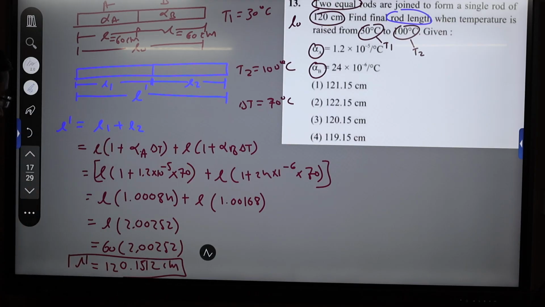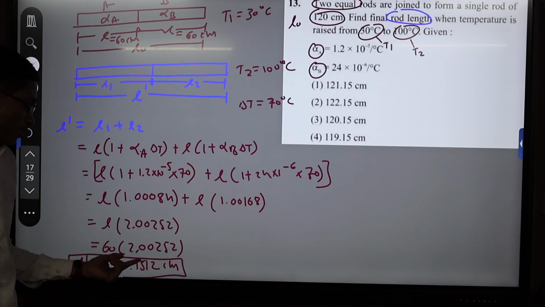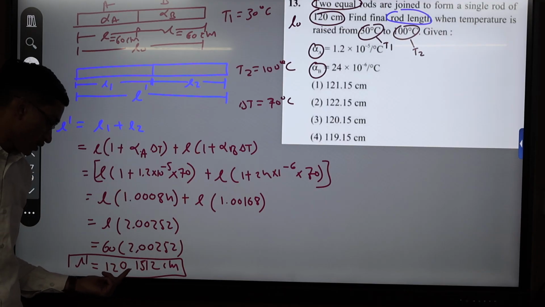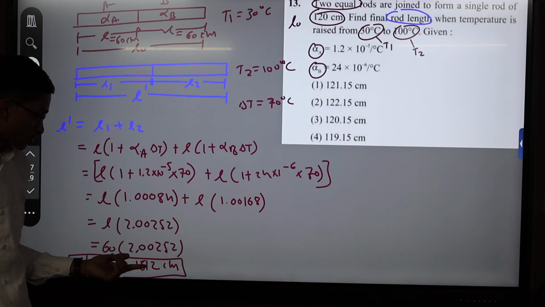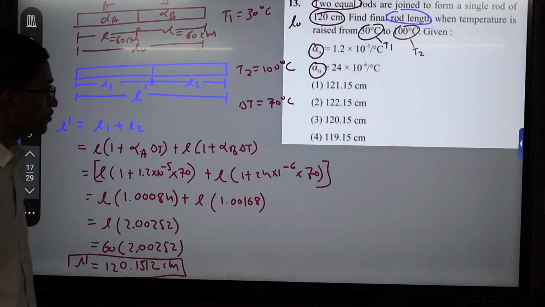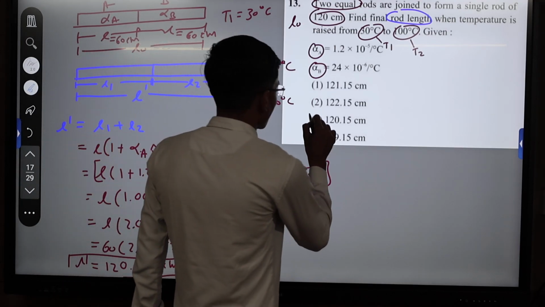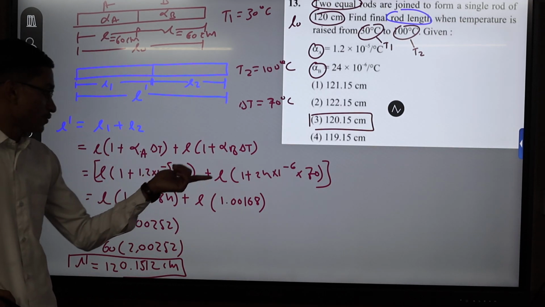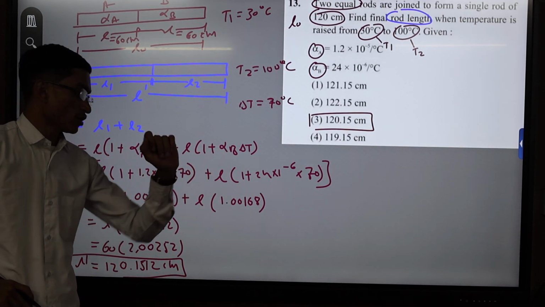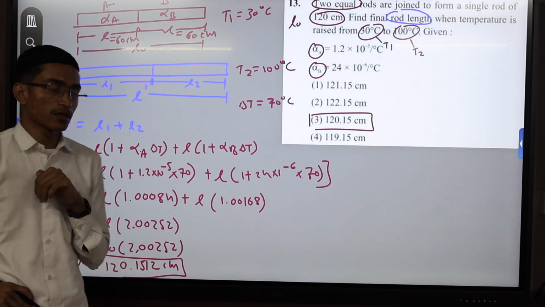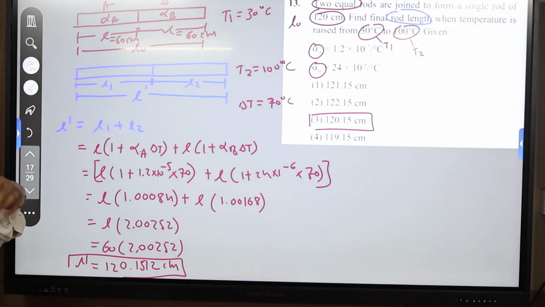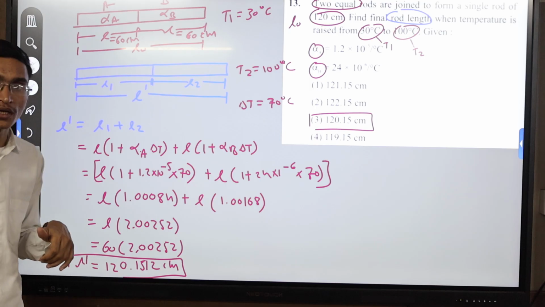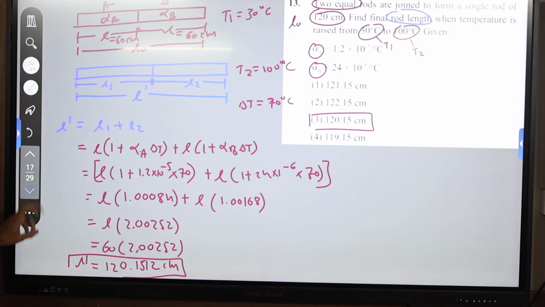So here you can see that after the decimal point there are 4 digits and the final answer will be 120.15. So 120.15. Here we saw that some calculations are also there in scheduling. So we have to practice calculation too in speed, so we can save time.